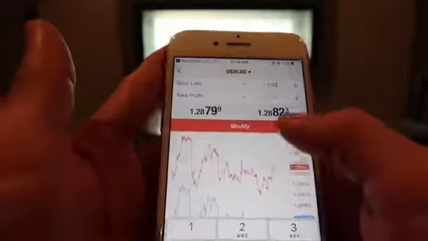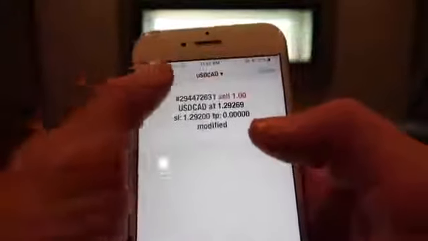So what I could do is remember these numbers, 1.292, and I could put my stop loss at 1.292. Click modify. Now when we go back to our chart page, we put our stop loss to ensure that we have profit.